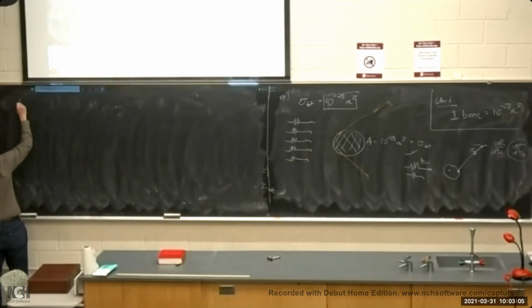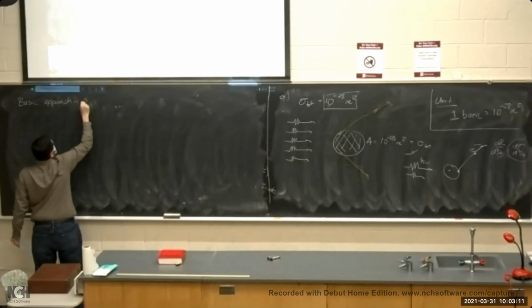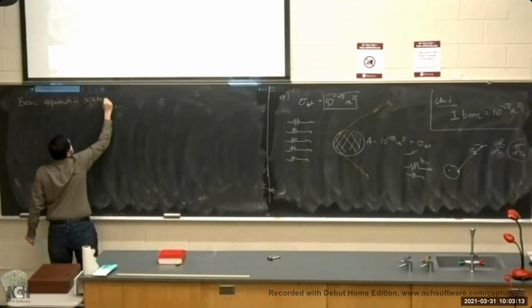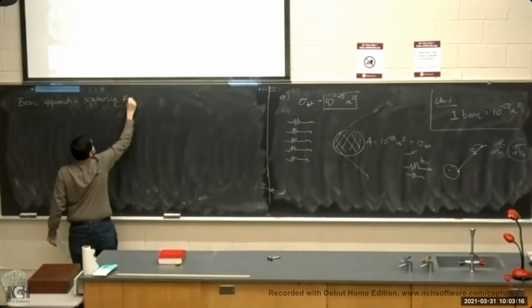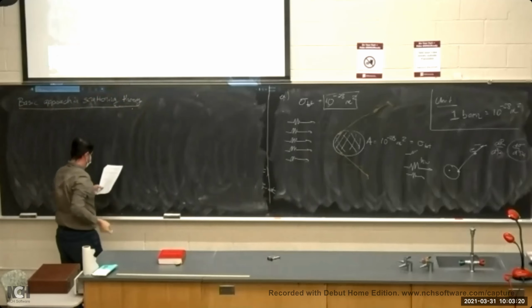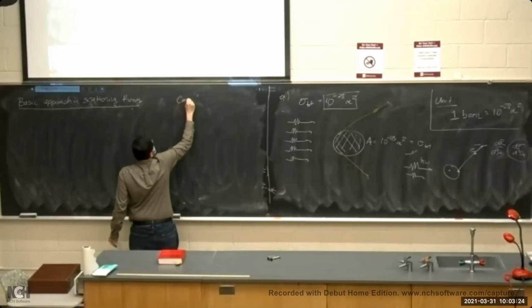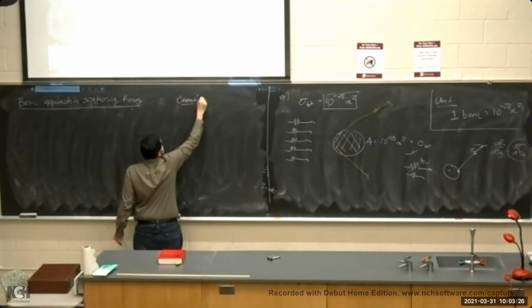So the basic approach in scattering theory. We will do all of this in more detail next week, but the basic approach is as follows. A couple of caveats for what I'm going to lay out here.